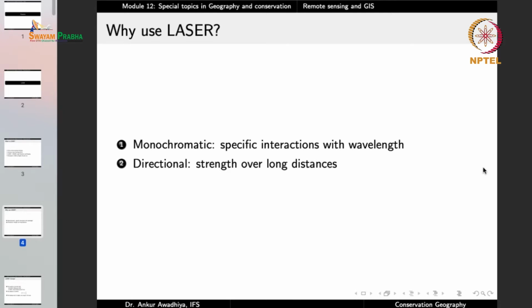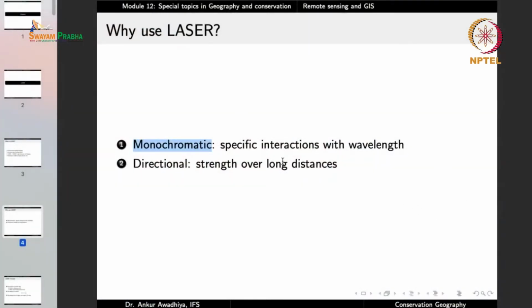Now the thing is, why do we make use of lasers? Lasers have some very specific properties that make them very useful for LiDAR. One, laser is monochromatic. Mono means one, chroma is color. So the laser light has only one color, meaning that it has only a single wavelength.